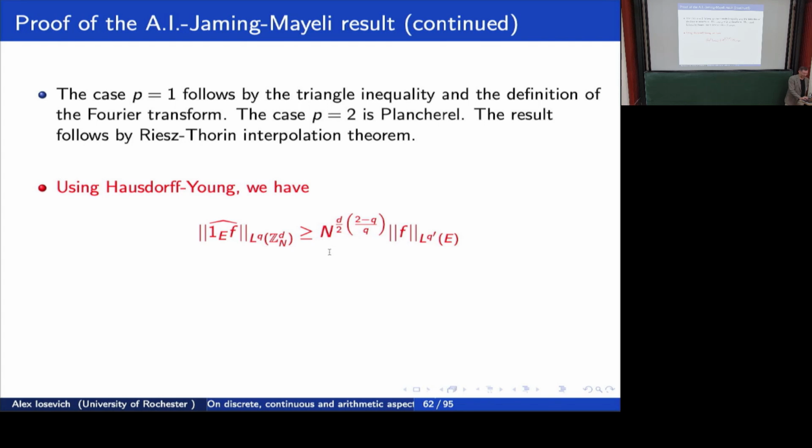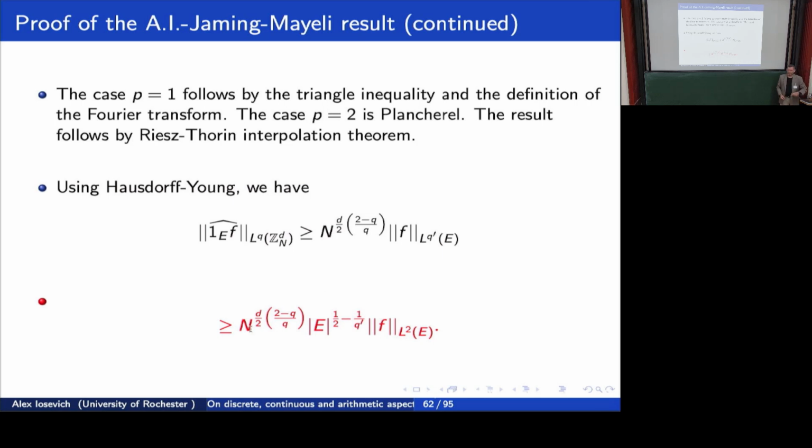And that's bounded from below by n to the d over 2 minus q over q times the LQ prime norm of E. And we are now above L2. I always breathe easier when I'm above L2. And I truly get scared when people talk about LP for P less than 1, but that's a separate conversation. And this is bounded from below.